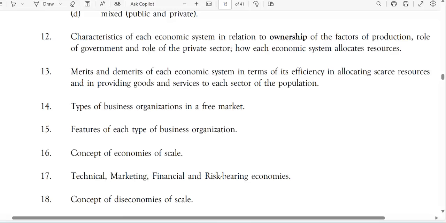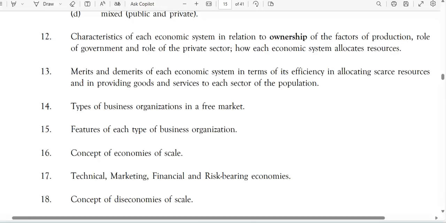All right. So now we're going to look at the types of business organizations in a free market. Now, in a free market economy, there are various types of business organizations, mainly owned and operated by private individuals or groups.